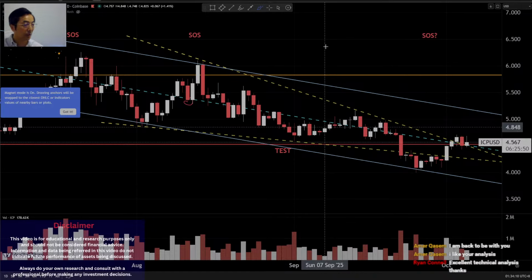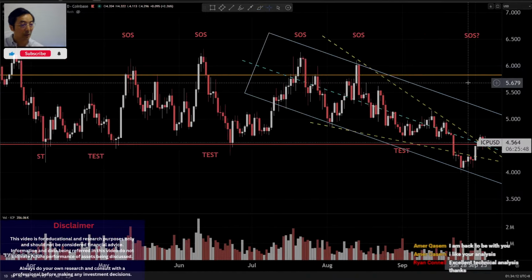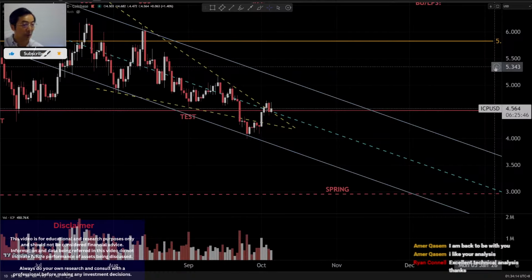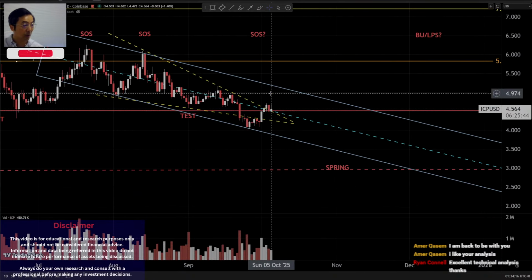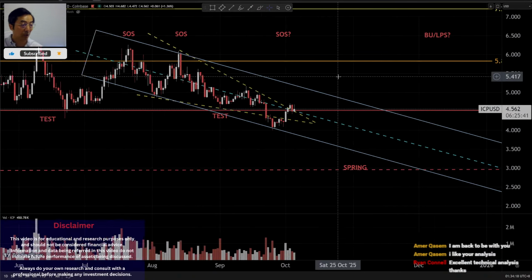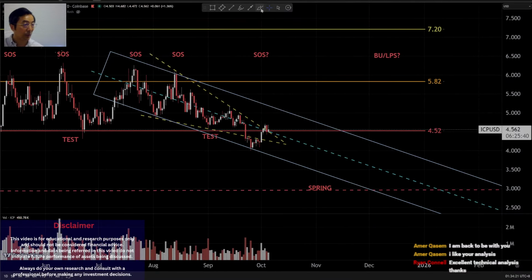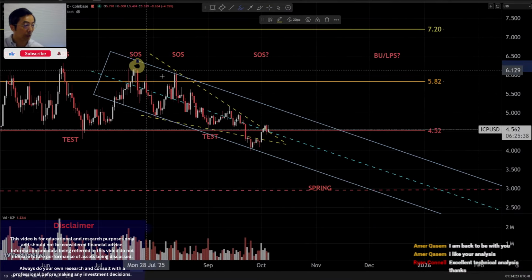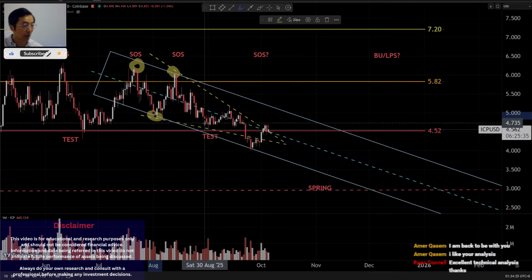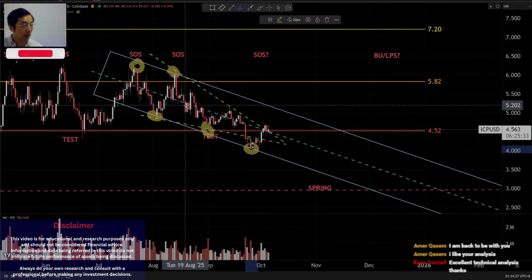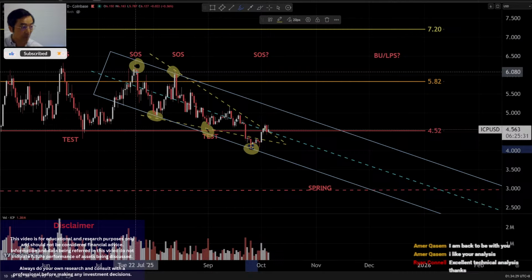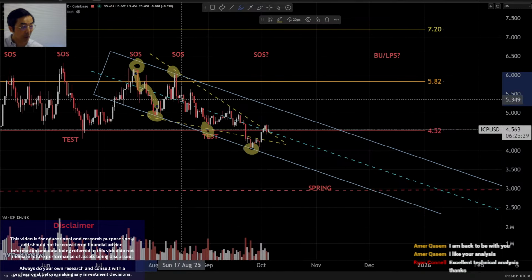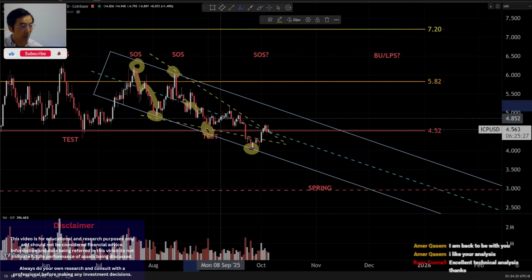So let's remove these. The reason we want to draw this is that the bouncing, the ping pong I used to say, doesn't only happen near the ceiling or the bottom of the channel. It can bounce off around the center line as well. You see all these bounces.